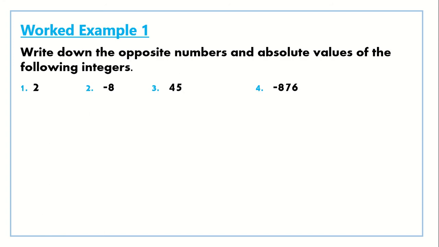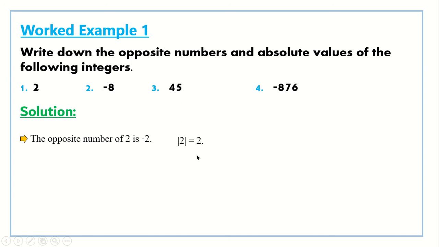Write down the opposite numbers and absolute values of the following integers. We have 2, -8, 45, and -876. Okay, so now let's get our solution. Number 1, the opposite number of 2 will be -2, and the absolute value of +2 is 2.